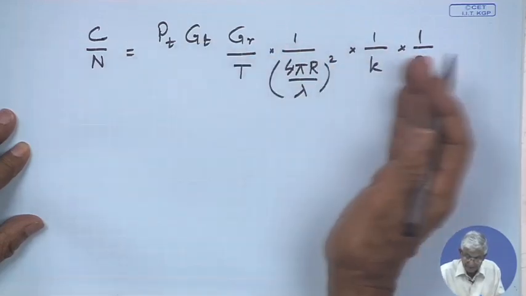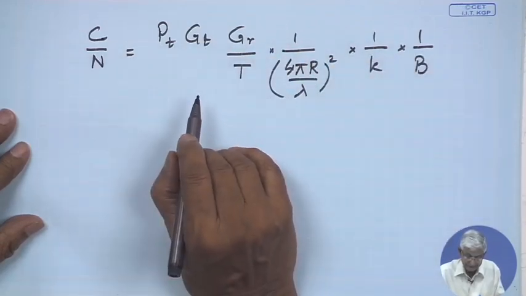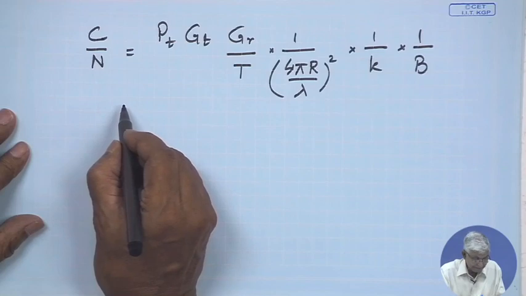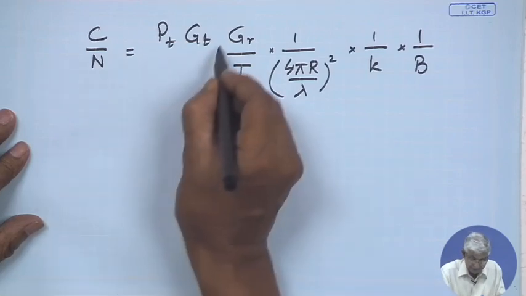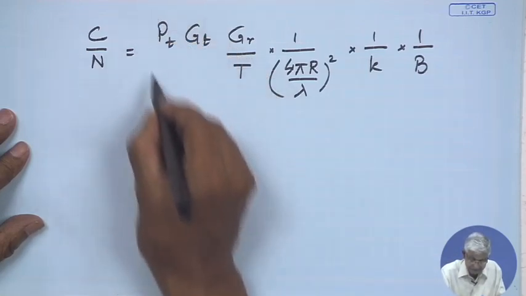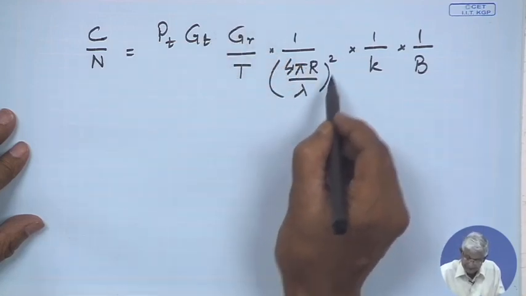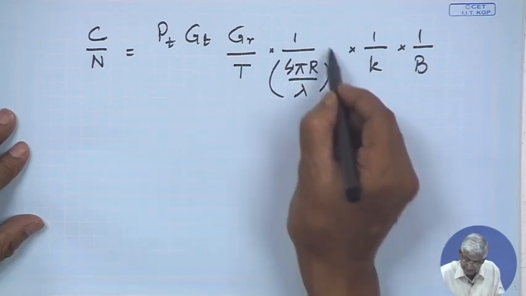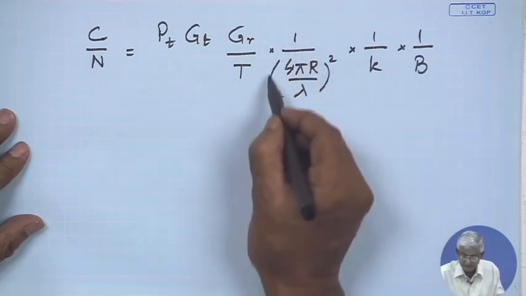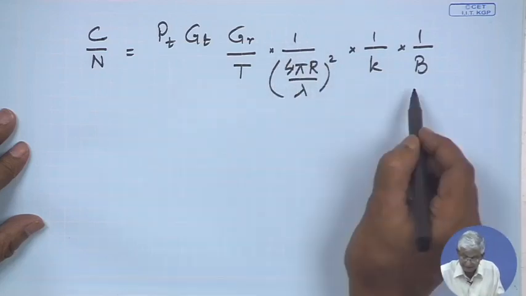I have simply rearranged. There is a reason for rearranging. This one is our transmitter characteristics, and this one will be the receiver characteristics. This one is the distance, that is the free space path characteristics, and there is a bandwidth coming.